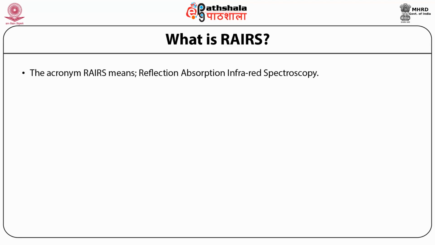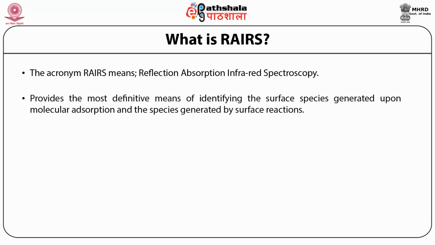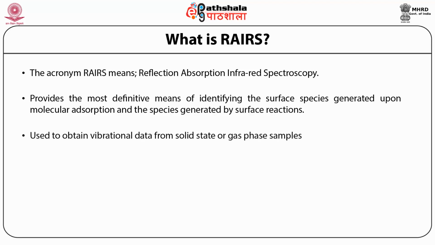This acronym RAIRS means Reflection Absorbance Infrared Spectroscopy. It provides the most definitive means of identifying the surface species generated upon molecular adsorption and the species generated by surface reaction. This is used to obtain vibrational data from solid state or gas phase samples.